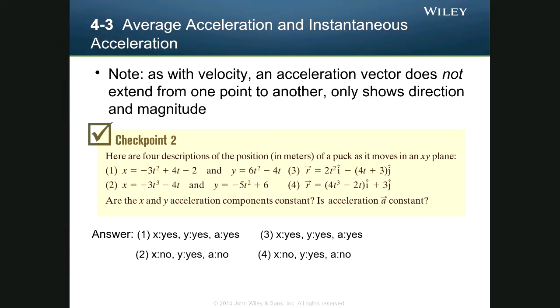And we now want to apply our acceleration vectors to our rabbit.